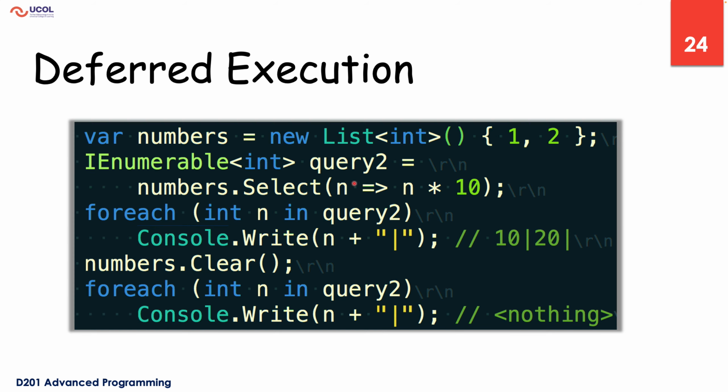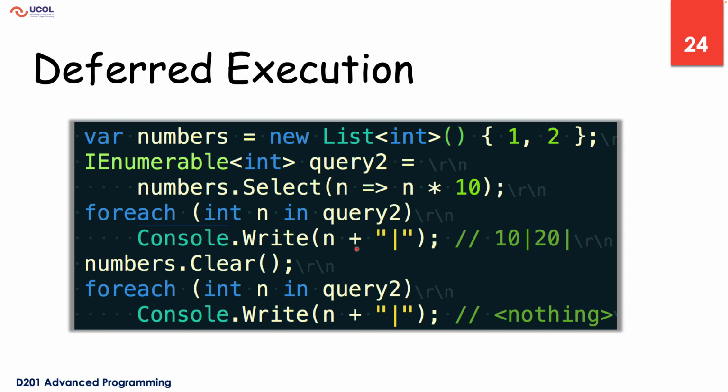For example, say we have an integer list with 1 and 2, and then we define a query that selects n multiplied by 10, so it will become 10 and 20. But at this time the query is not executed. Then for each int n in the query, we use the query in our foreach loop. Now we need to enumerate and find out the values.